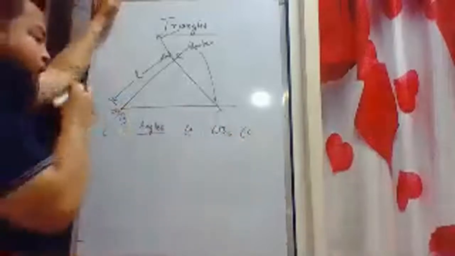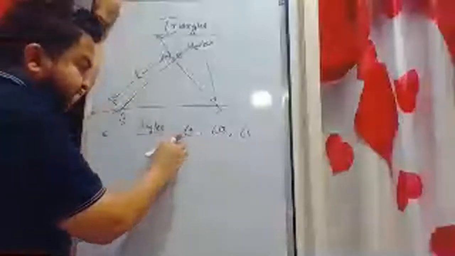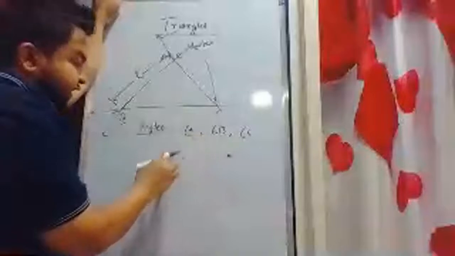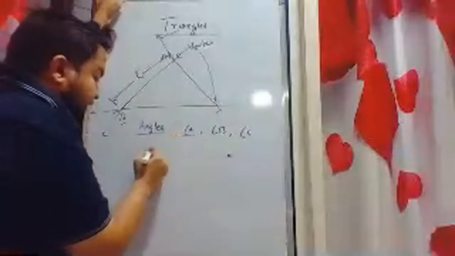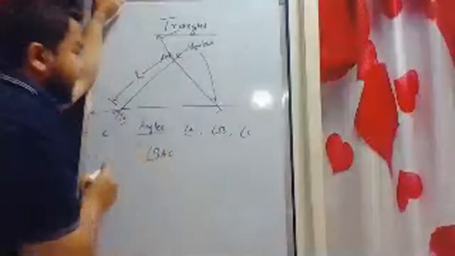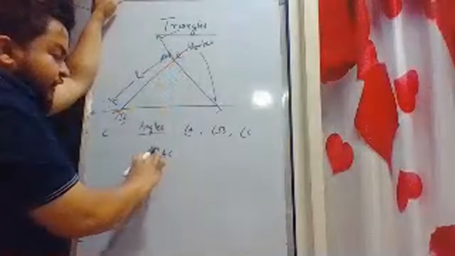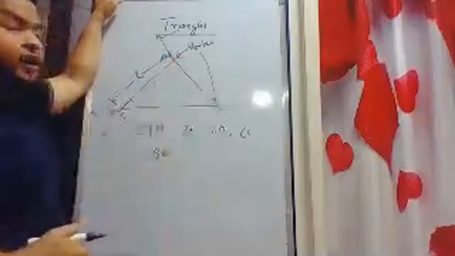But I personally prefer, rather than this, to use the second approach, that is, to denote angle A, let us write angle BAC, so that the vertex stays in the middle and the other two surround it.